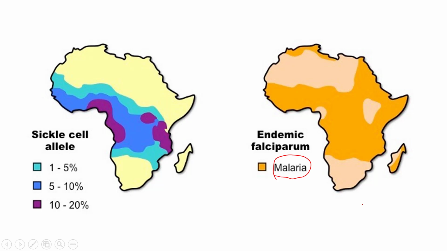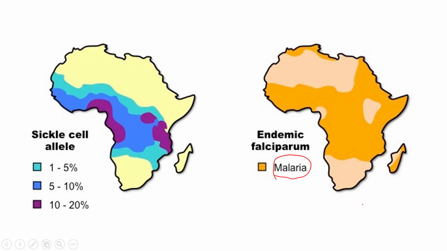If you live in Africa where malaria is very common, you would want to carry this allele because this would be a protective part of your blood to keep this parasite from causing malaria and from killing you, because malaria kills hundreds of millions of people every year. And this is a protective mutation.